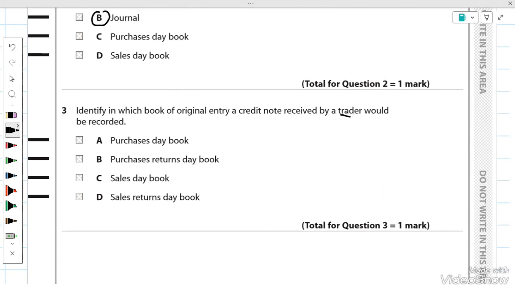If he is sending you a credit note, you are returning his purchases. So they are talking about the prime books again, and as I told you, it will be recorded in the purchase return journal.